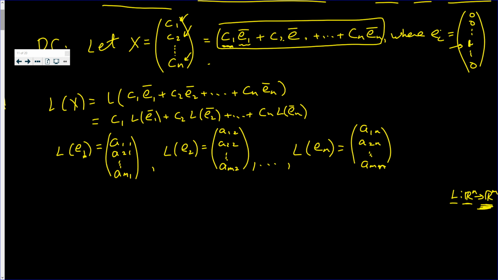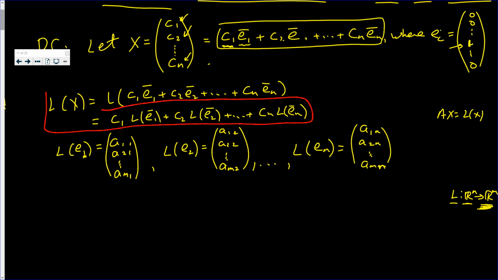So, again, we want to show that Ax is equal to L of x. And we have part of it. L of x is equal to that, where L of E1 is this mess, L of E2 is this mess. So let's continue.